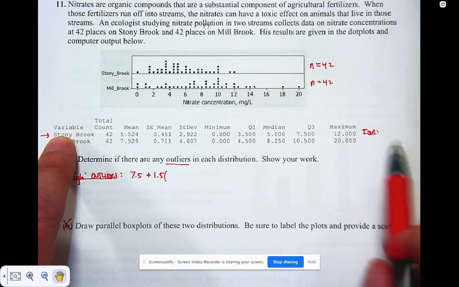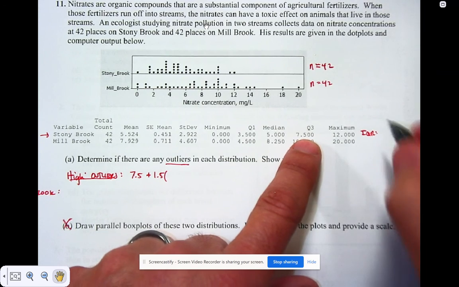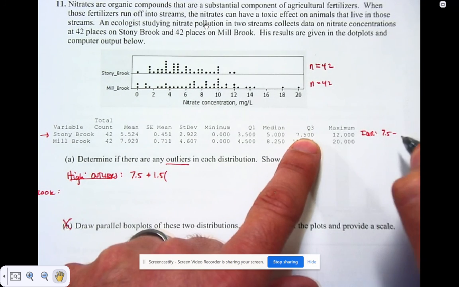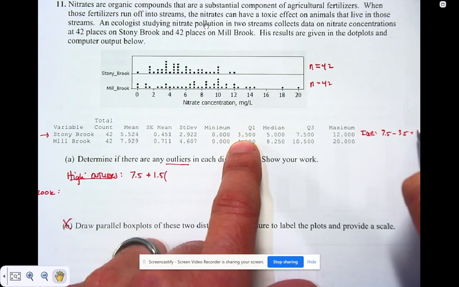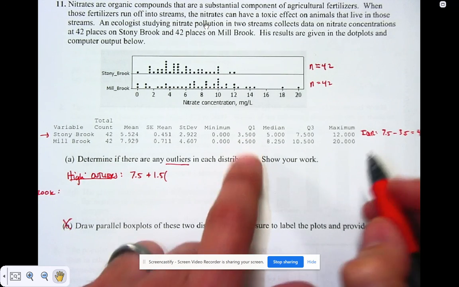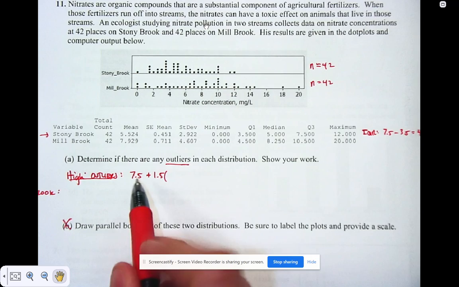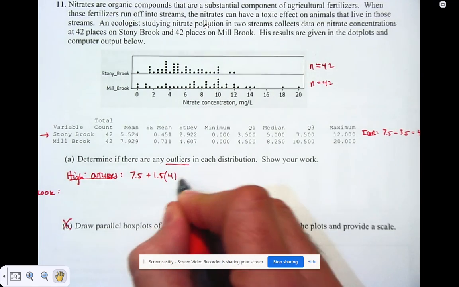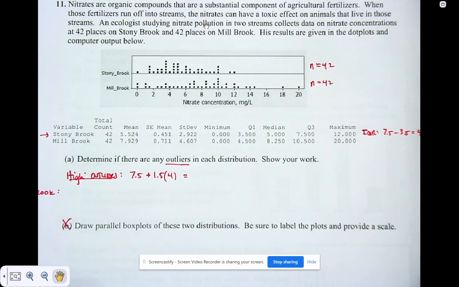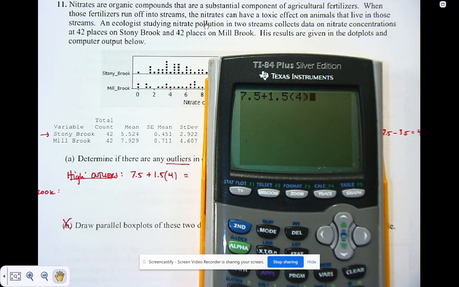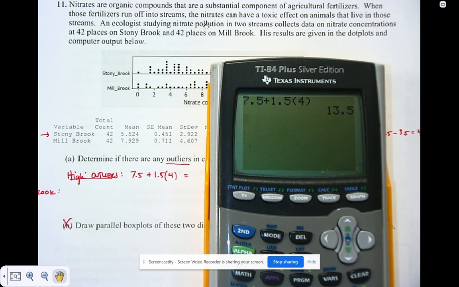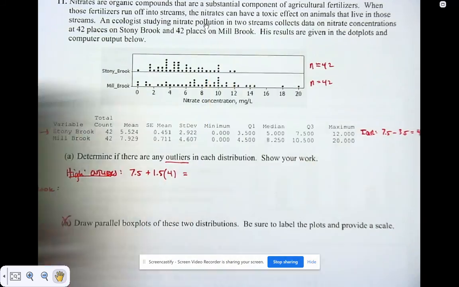By definition, IQR is quartile 3, 7.5, minus quartile 1, 3.5, which is simply 4. So I have 7.5 plus 1.5 times 4. Type that straight into your calculator, and you will get 13.5.